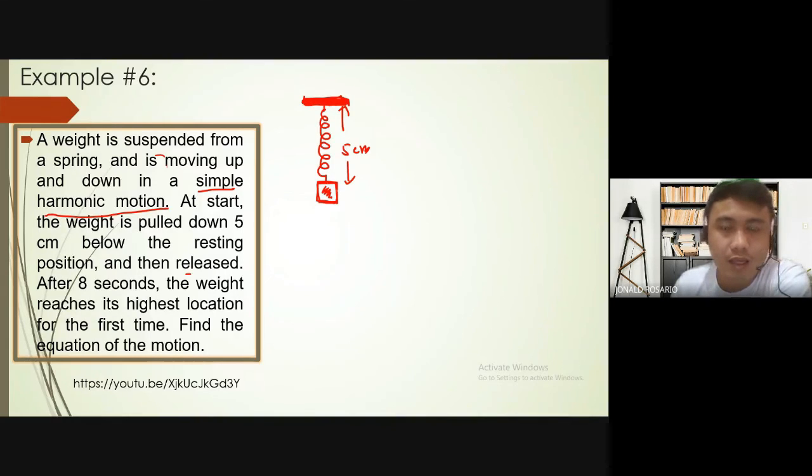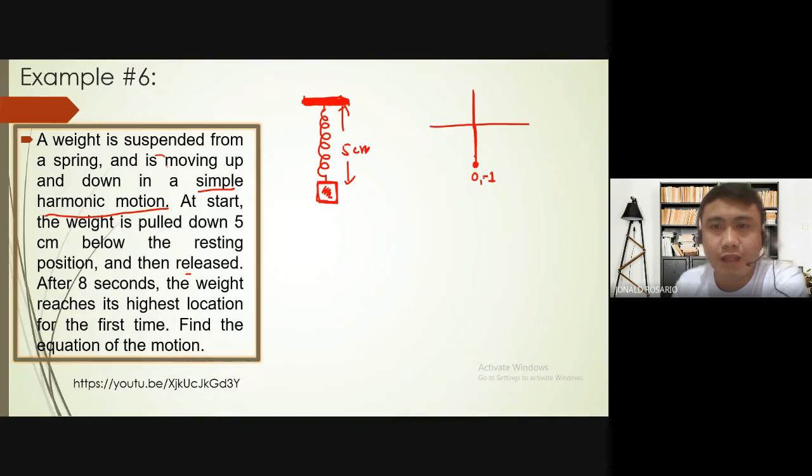Okay, as you see, class, naalala nyo yung ating graph? Na kapag nasa baba, if this is a unit circle, this is 0, negative 1.